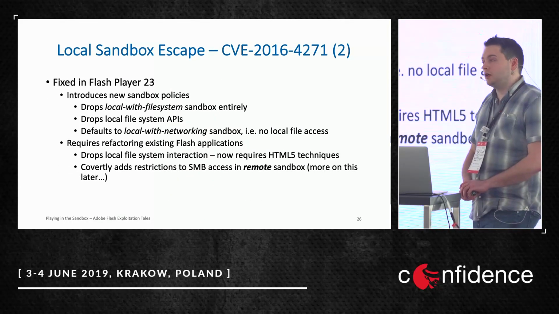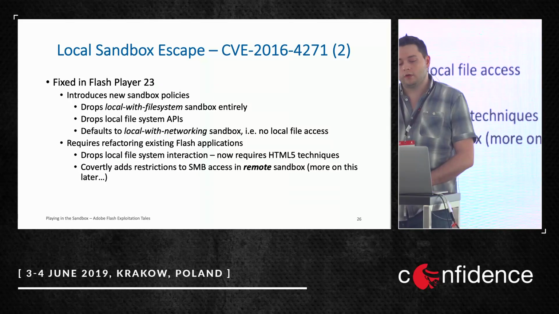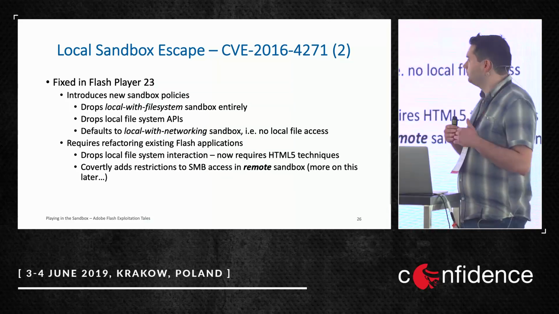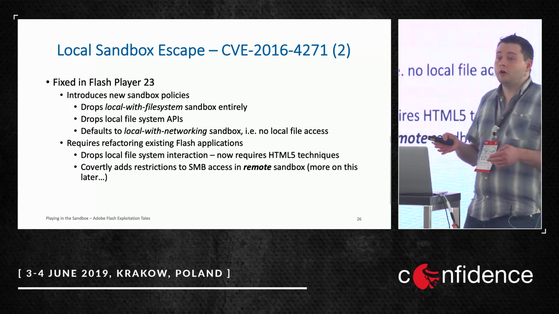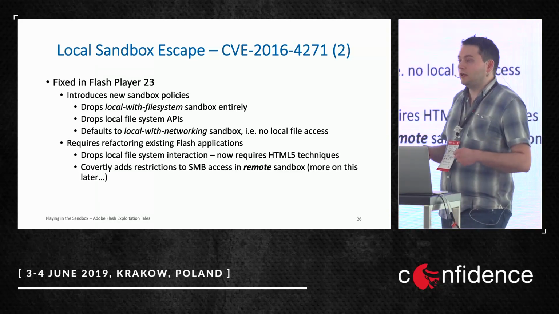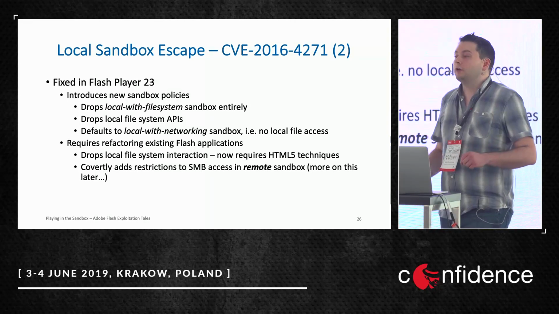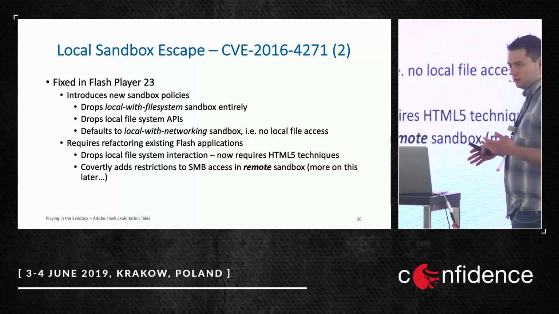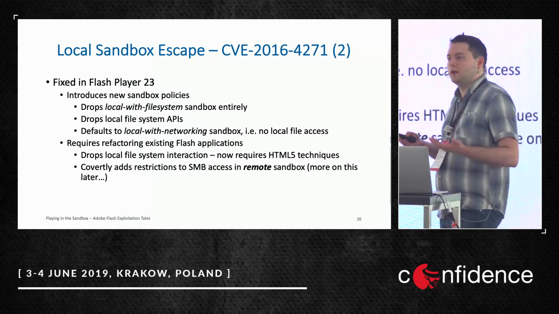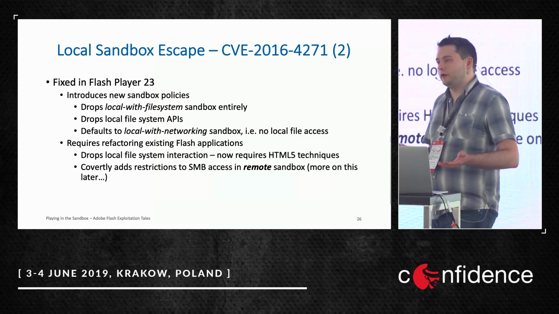It was fixed in Flash Player 23, and in this version, Adobe introduced new sandbox policies. Basically, they dropped the entire local-with-filesystem sandbox, and therefore also all the local file system APIs, because they had no use anymore. And local with networking became the new default sandbox, which is pretty much similar to the remote sandbox in the sense that you can access remote servers, but you cannot access the local file system.